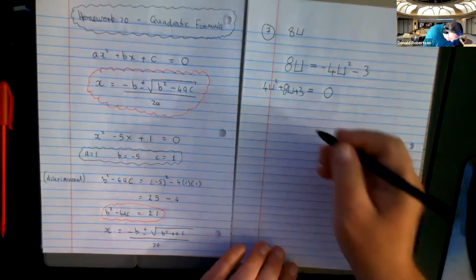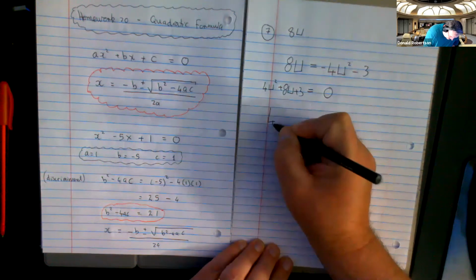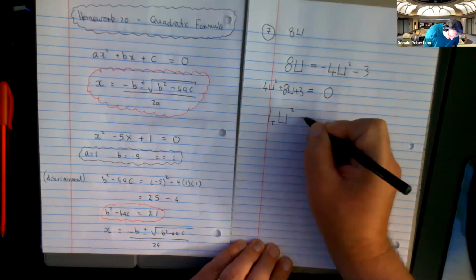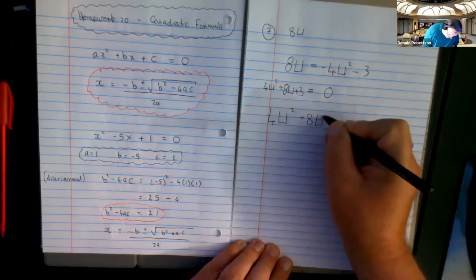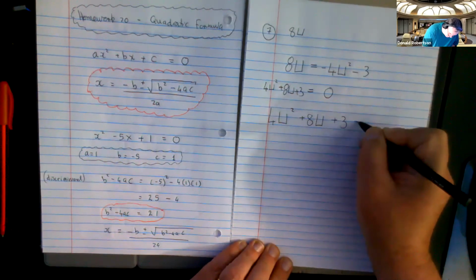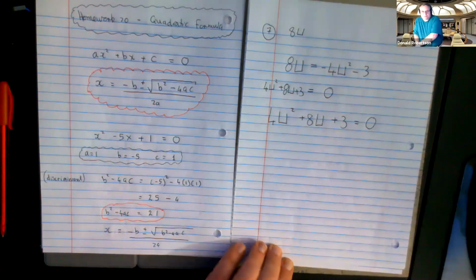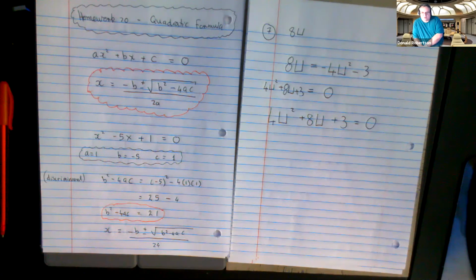So this fella here is 4u squared plus 8u plus 3 equals 0, right? Can you just trust me you can't factor this one, even if you use the magic cross, at least? Yeah, you can't do it.